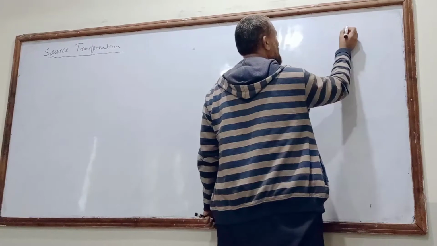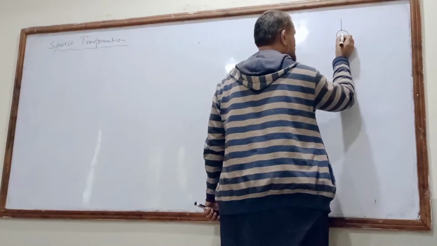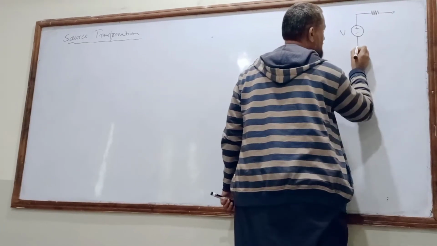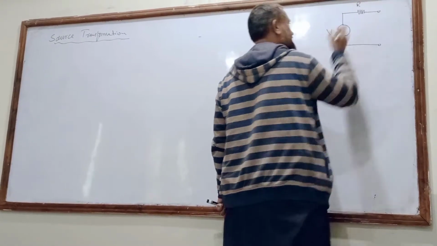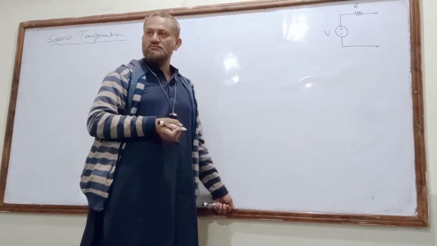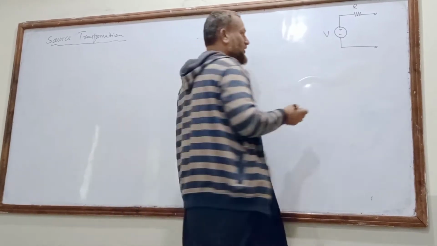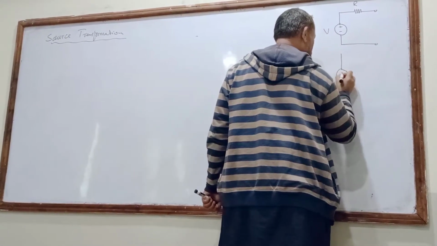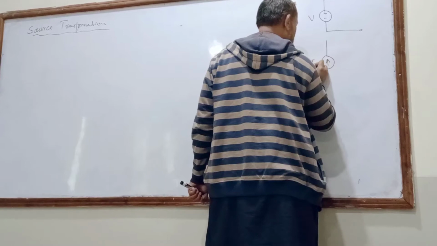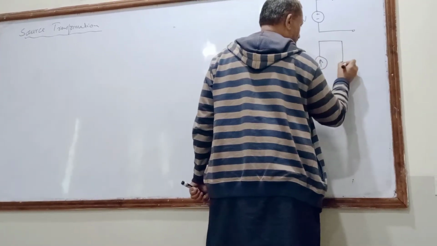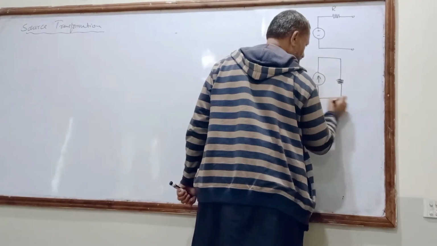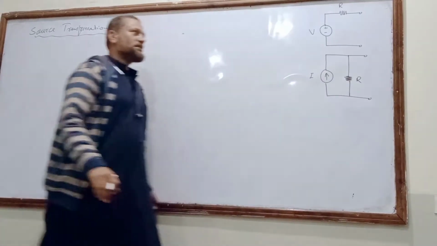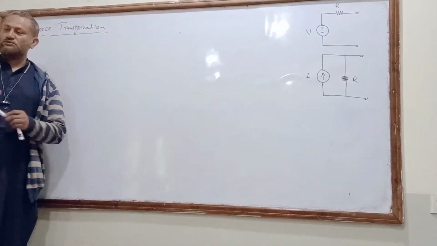Sources, for example, a voltage source plus minus V, and in series we will have a resistance R. This is the voltage source. And whenever we have a current source, that is I, and in parallel resistance R. These are the two sources, voltage source and current source.